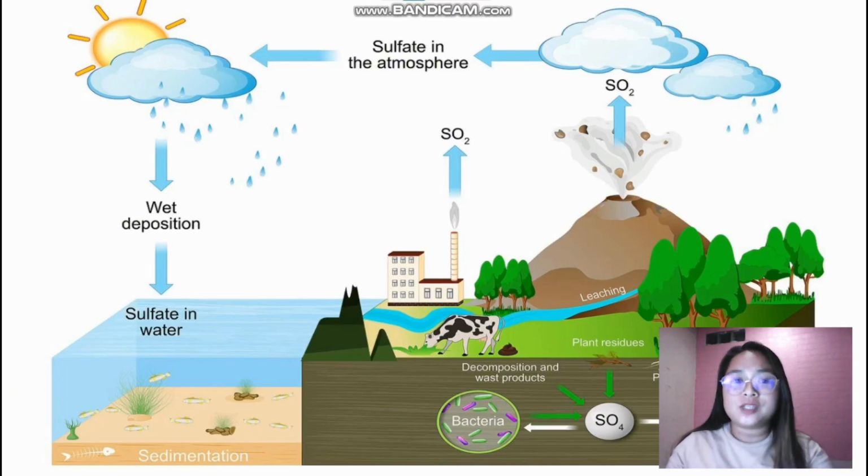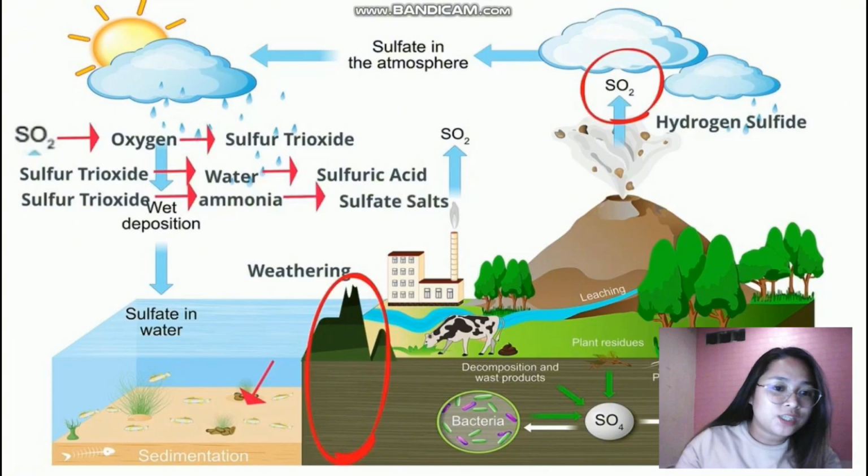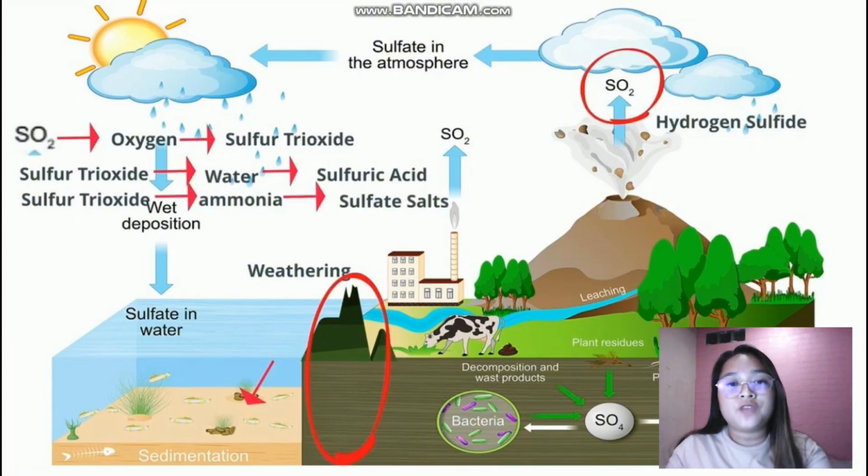Sulfur trioxide is a colorless to white crystalline solid which can also exist as a gas or a liquid. In the sulfur cycle, the trioxide reacts with ammonia, as you can see here in the photo, in the atmosphere to produce sulfate salt.